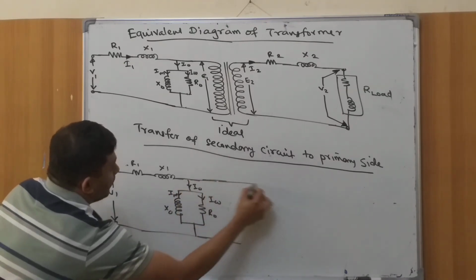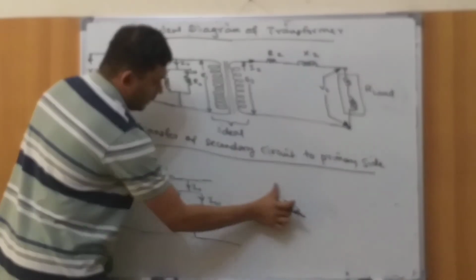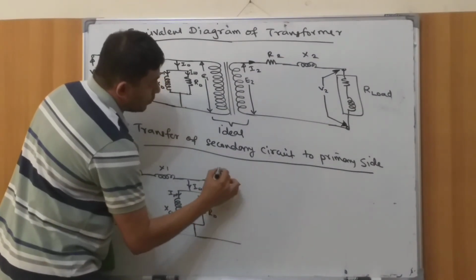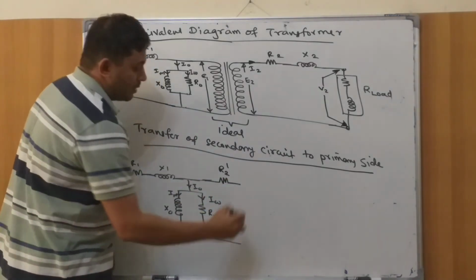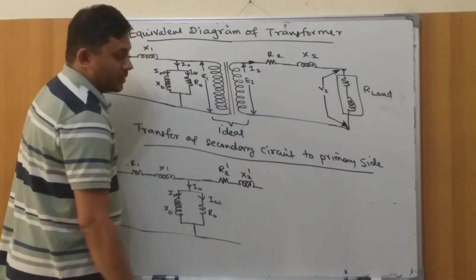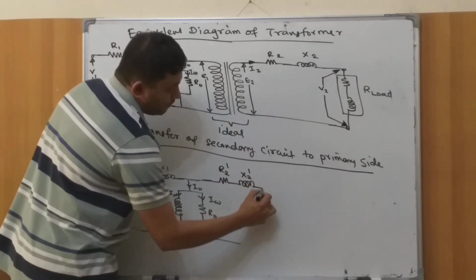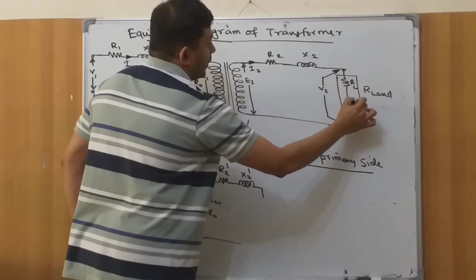Then what is going to happen next? We are transferring this value to this side. So I'm going to add one resistor here. Since I transferred it to the primary, I'm going to say R2 dash, and in the same manner this is X2 dash. The load has two components, suppose RL and XL.